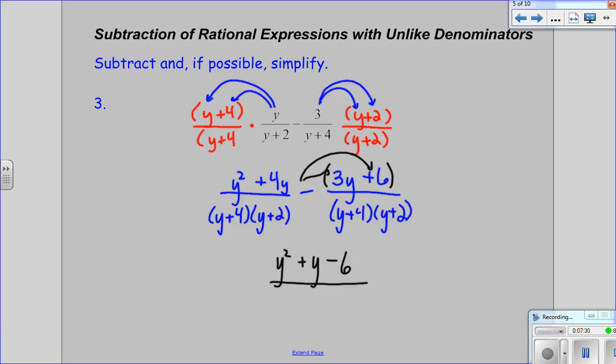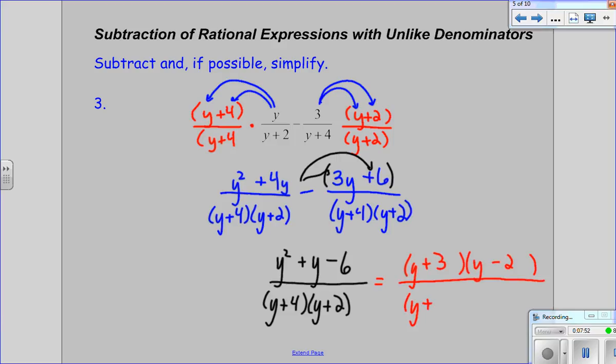And all of that goes over my common denominator of y plus 4, y plus 2. Now let's try to factor and simplify. So we rewrite our numerator by factoring that trinomial. It'd be y plus 3 and y minus 2, all of that over y plus 4, y plus 2. And again, we see we don't have any common factors that can be removed. So that's our final answer.